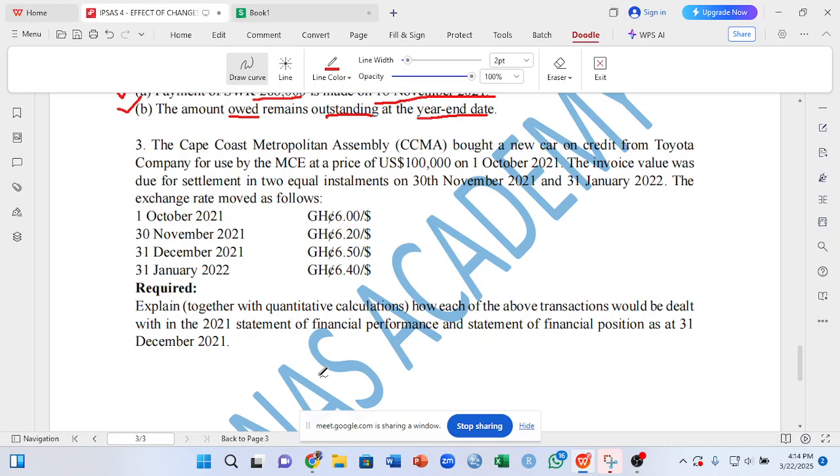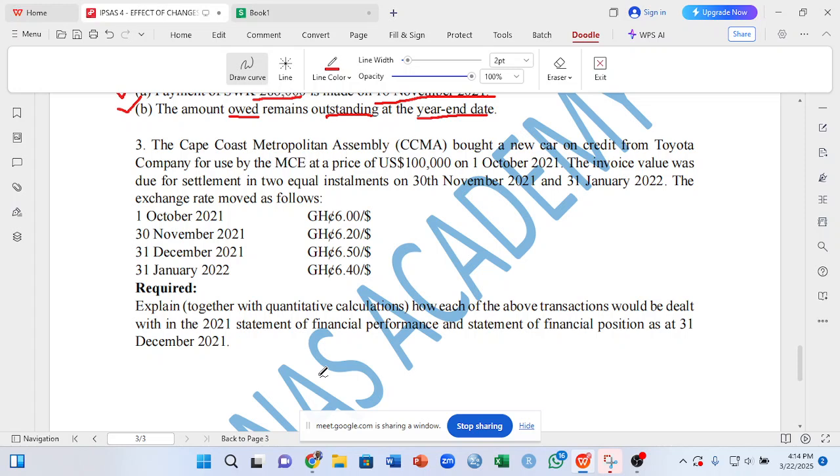And at the closing date, you translate the monetary items using the closing rate. However, if it relates to non-monetary assets, you use the historic rate, meaning the rate prevailing at the transaction date.